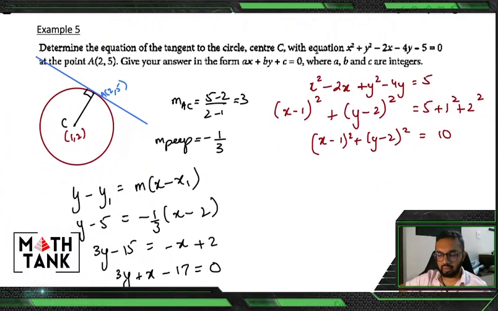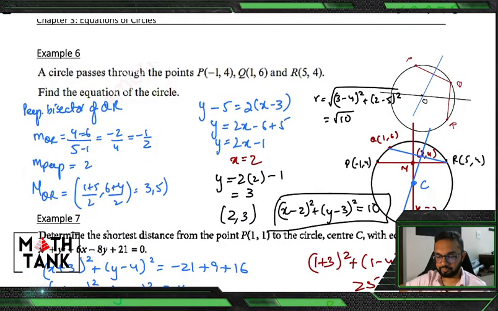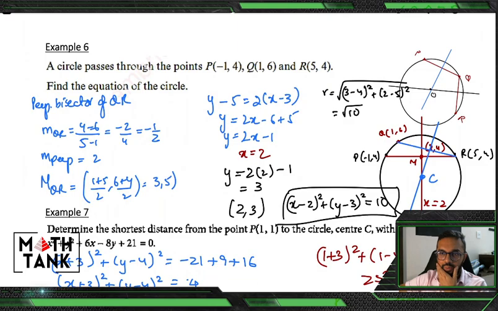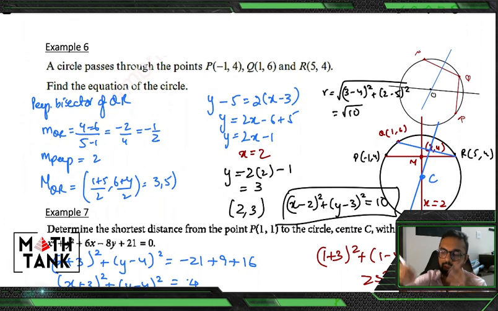And then again, there are a range of questions that I solve. Let's say this question says it passes through 3 different points that are on the boundary of the circle. Now when you know nothing else about these points, if you want to find the equation of the circle, you need the radius and you need the center.